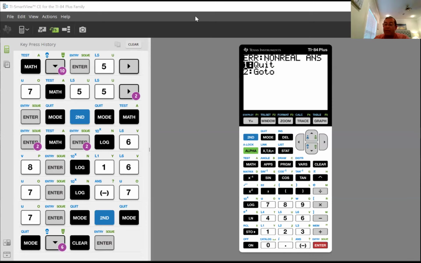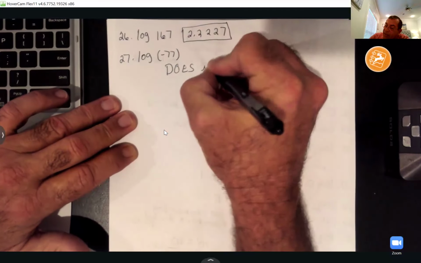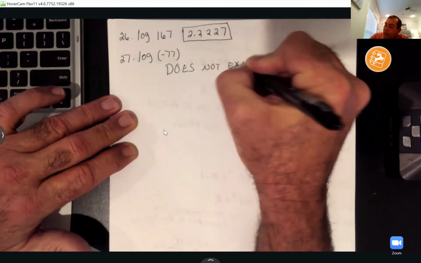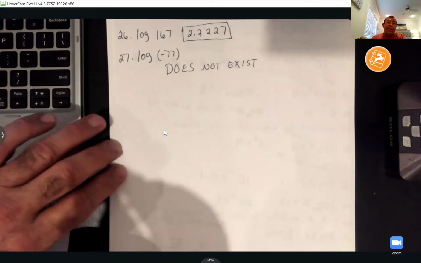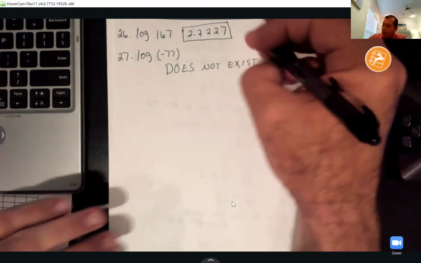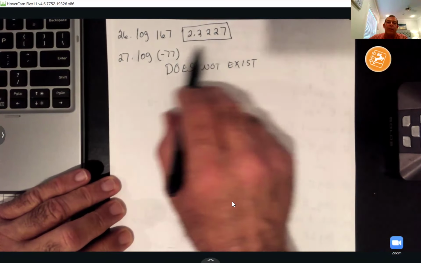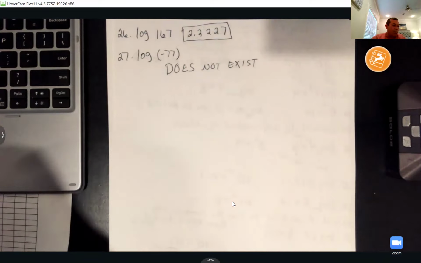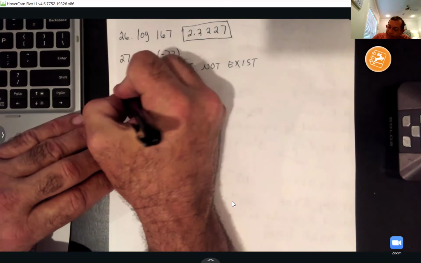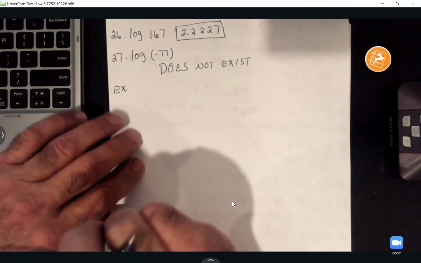MyMathLab will actually give y'all a choice, and we put does not exist, since those are imaginary. So y'all be careful on the phone apps. If it gives you anything with an i in it, that's not real, so it does not exist in the real world. Okay, so I finally found something that does different.